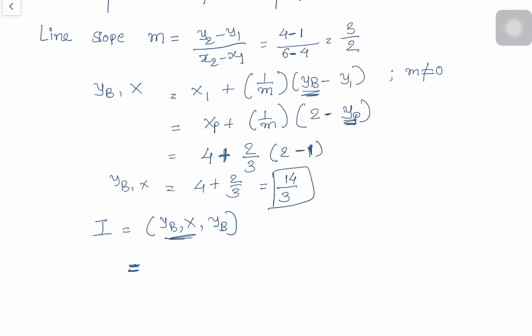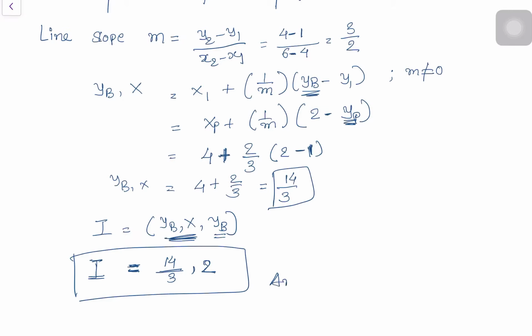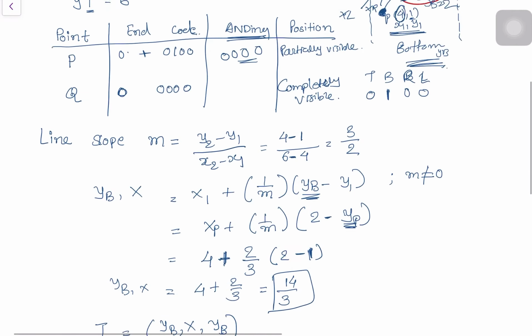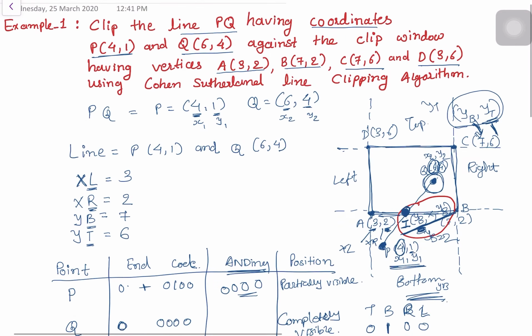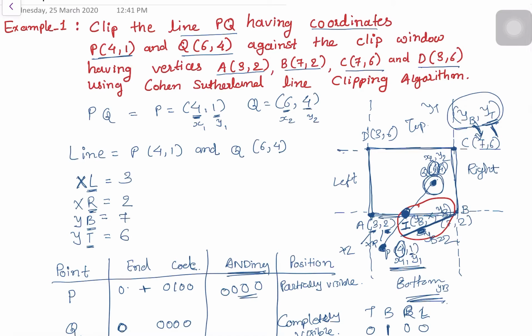Put it over here in this intersection point, 14 by 3, and what will be the value of yb? That is 2. So the intersection point value is 14 by 3 and 2. This will be our final answer. Got it? This way we can solve the Cohen Sutherland line clipping algorithm.